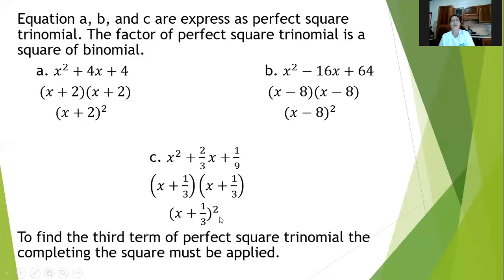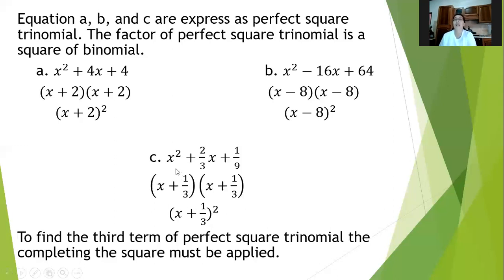To find the third term of the perfect square trinomial, completing the square must be applied. How about if the missing is the third term here? How about if the given is x squared plus 4x and the unknown is 4? And letter B, x squared plus 16x, the unknown is 64.